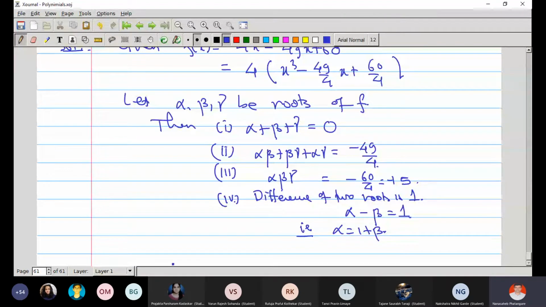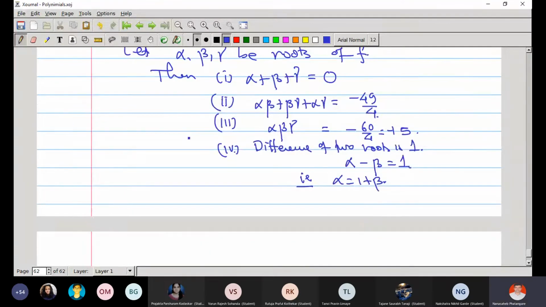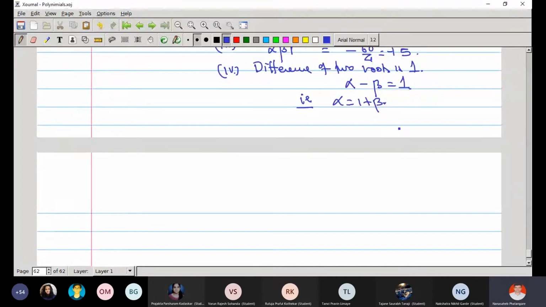Now from this we want to solve, right? So substitute this fourth in 1. That is the first step, because that is simple to reduce. So substitute 4 in 1. We get alpha plus beta plus gamma is equal to 0.